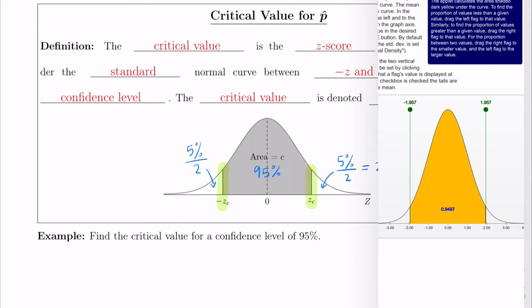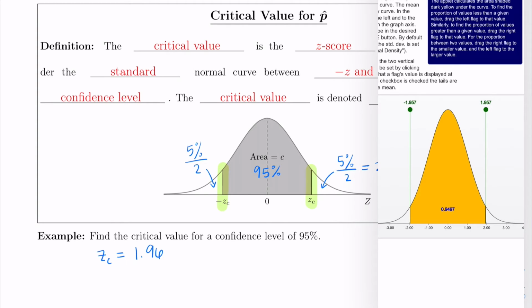And so the critical value is going to be these green values up here, negative 1.957 and positive 1.957. And here we can see that z sub c is positive 1.96, so I'm going to round it because that's the standard. So this is actually always the critical value for a confidence level of 95%. This is never going to change, right?